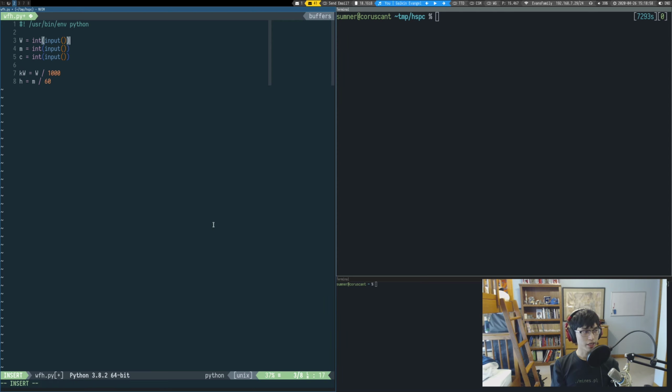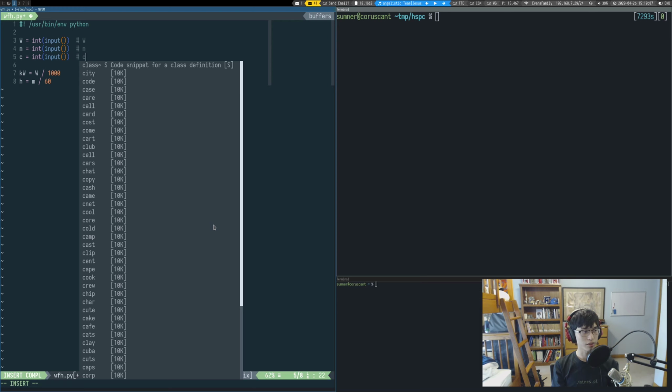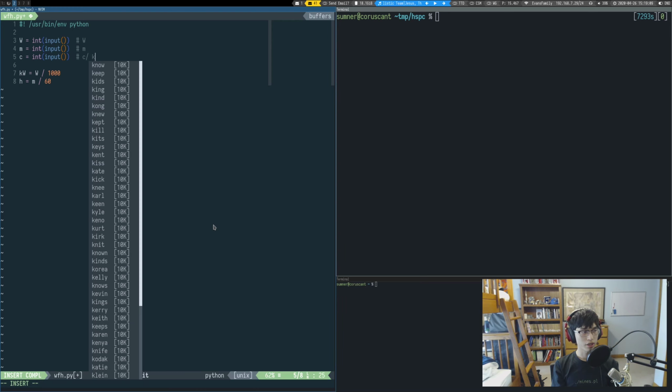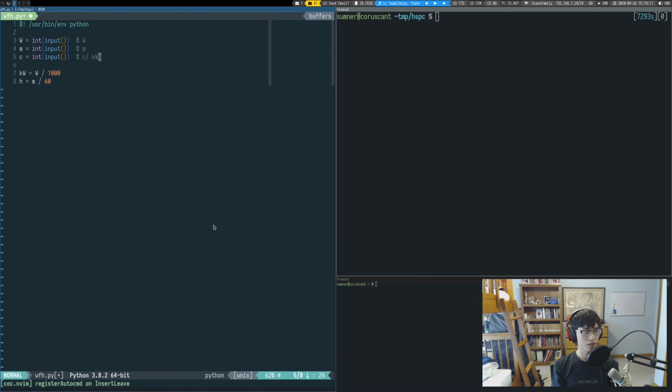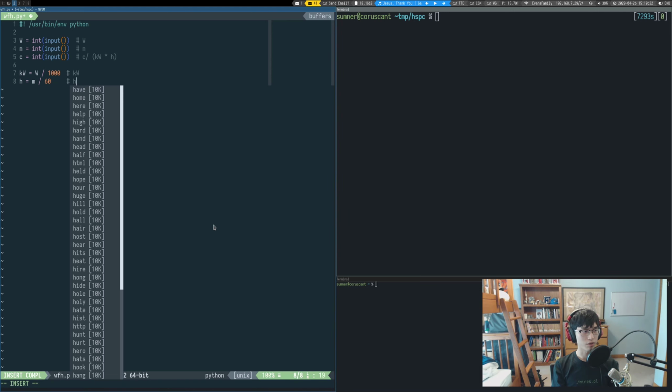And I'm just going to annotate the units here. So this is in watts, this here is in minutes, this here is in cents per kilowatt hour. So let me kind of expand that out. And this one is kilowatts. This one is obviously hours.